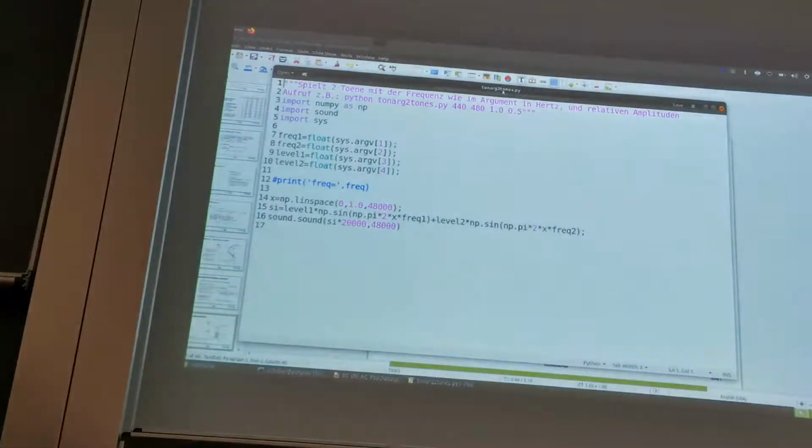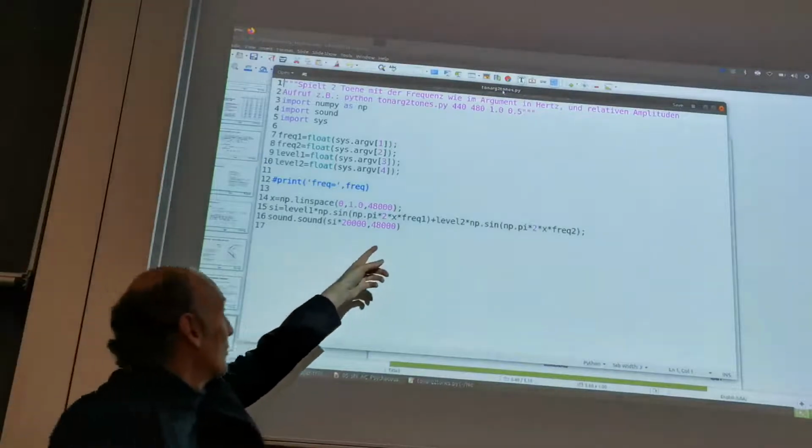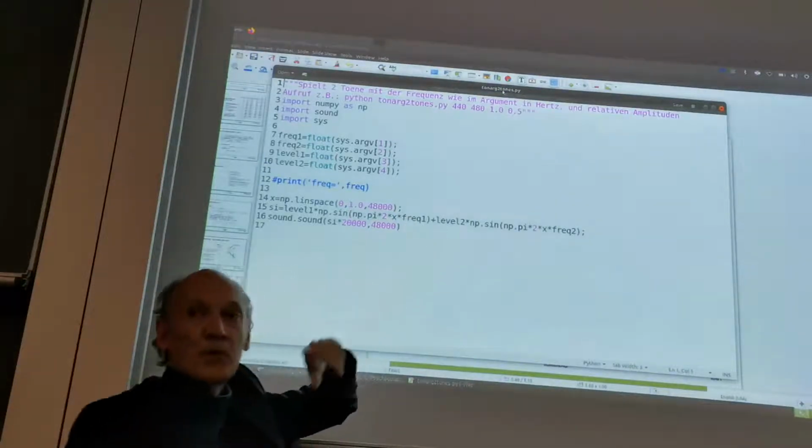Then we have just 1 period, because a sinusoid has 1 period over 2 pi. Remember, the sinusoid in Python is based on radians, and in radians 2 pi means 360 degrees. So if track 1 would be 2, then we have 2 periods.